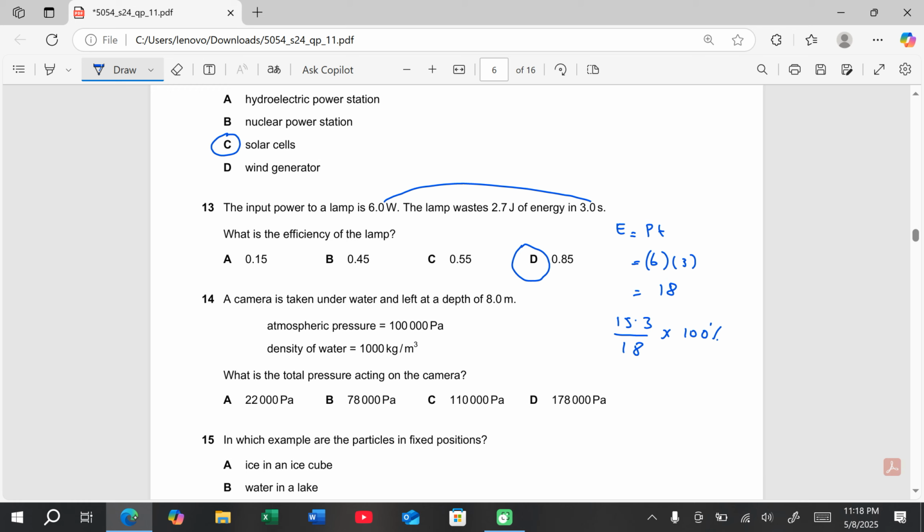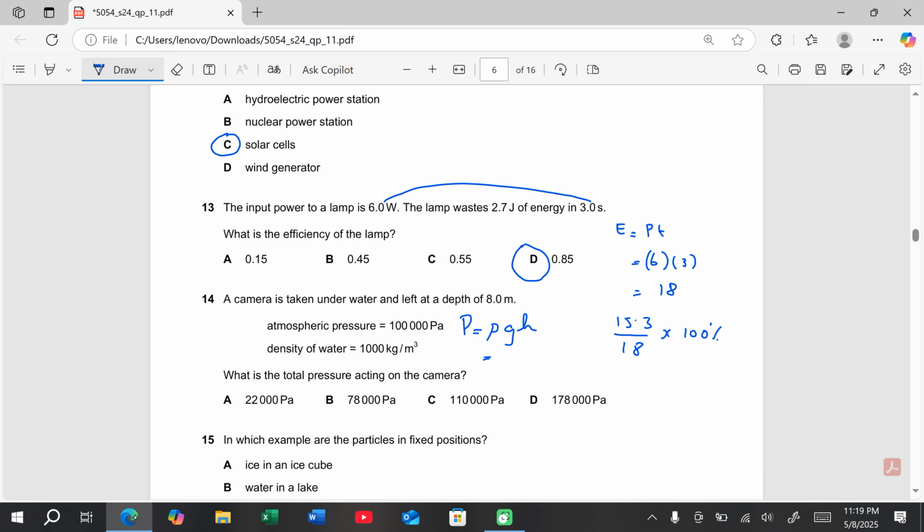A camera is taken under water and lowered to the depth of 8 meters. Atmospheric pressure is given, density is given. What is the total pressure acting on the camera? Total pressure, it says. First of all, we need to find out the pressure due to the water. That is going to be pressure equals rho g h.